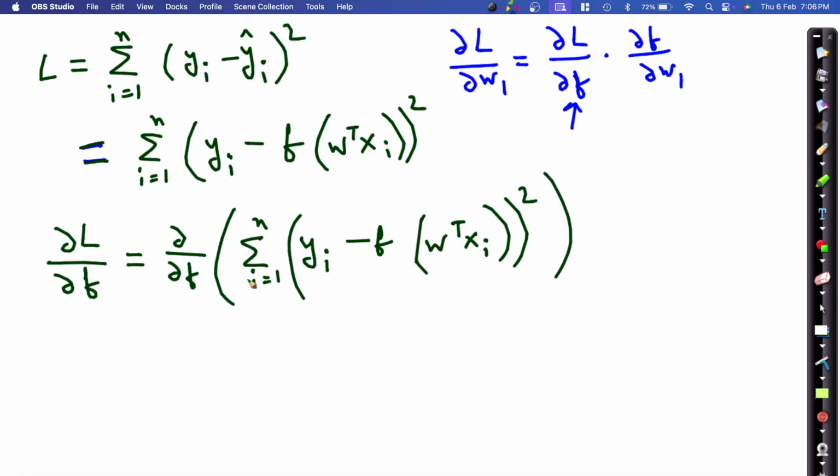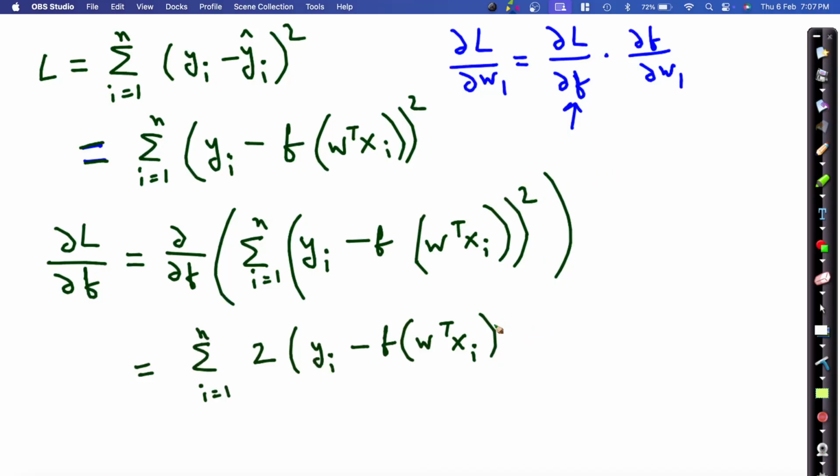This entire differentiation we need to find out. Now this summation will come out. Here you see the differentiation of this entire thing with respect to f. So 2 will come in front, 2 into the entire thing. So yi, this is basic partial differentiation, minus f of w transpose xi.